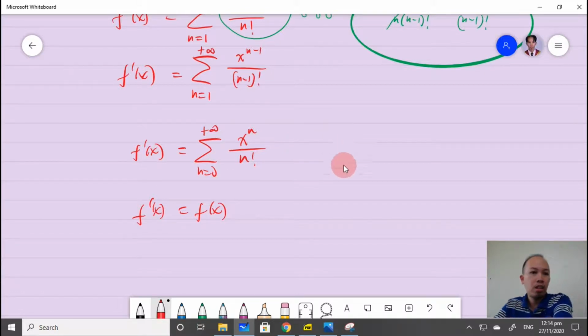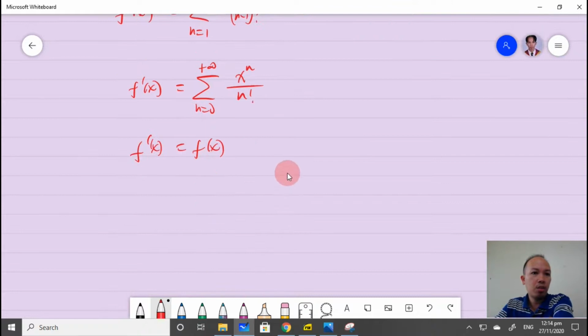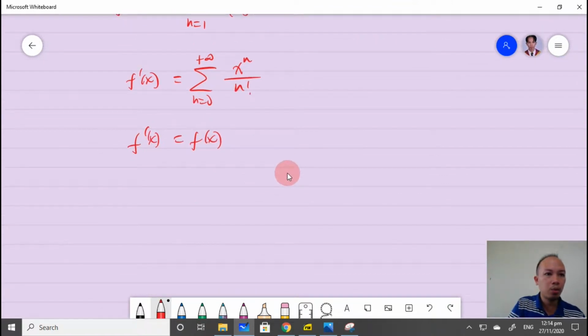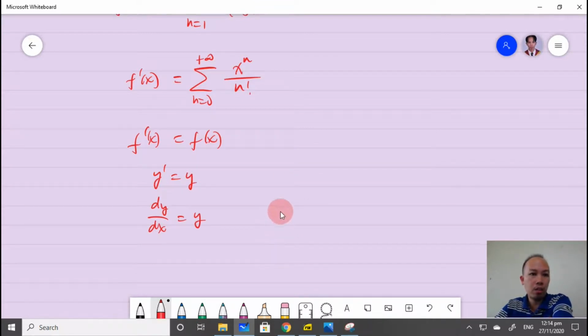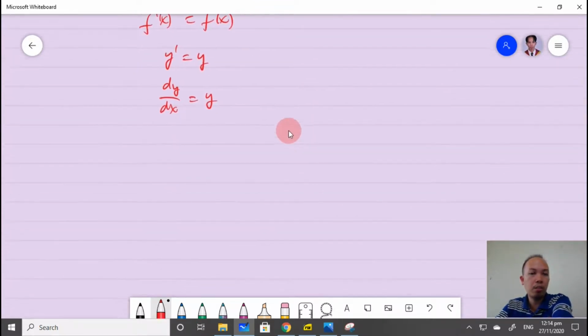In our calculus 1, we can write this as y prime is equal to y, and we can express it in this form. And this is a differential equation. I think this is a separable differential equation. So we can write this as dy over y is equal to dx.